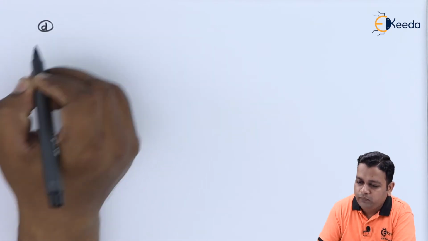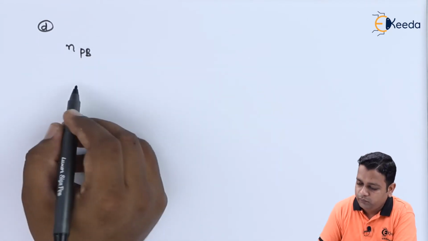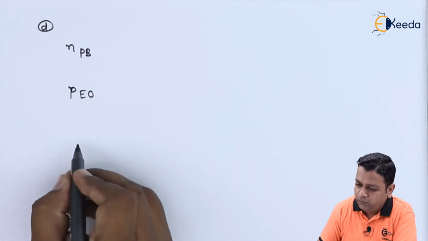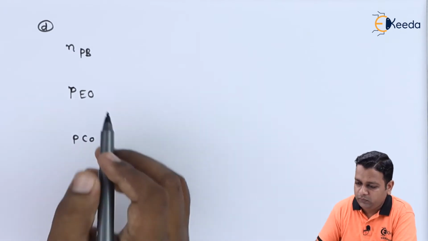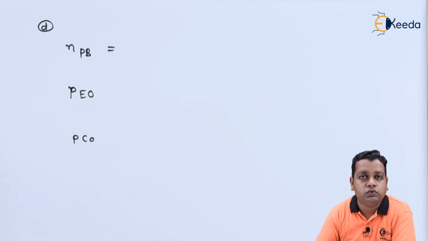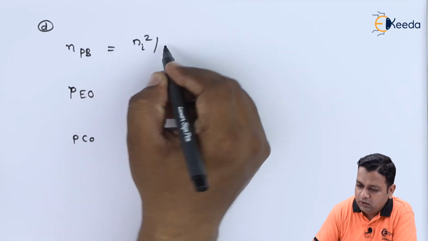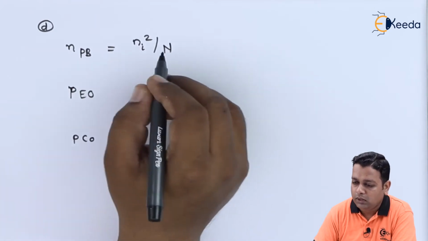These are denoted by n_pB, p_EO and p_CO for the base, emitter and collector, which are computed using the intrinsic concentration, n_i squared, divided by the impurity concentrations or densities.